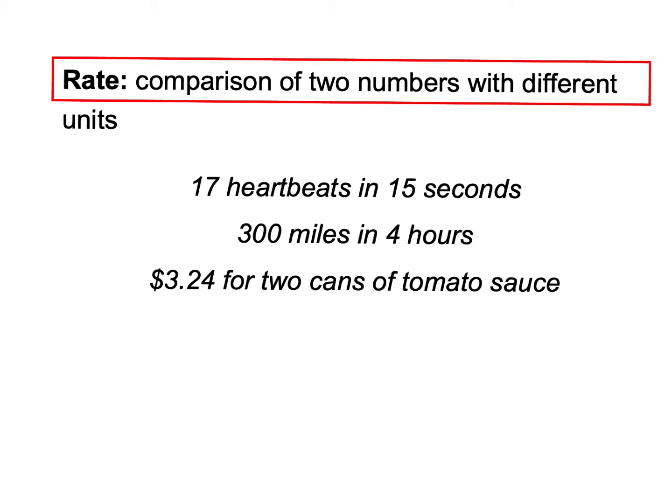So we have rate. First of all, it's a comparison of two numbers with different units. Sorry, that should be in the box as well. 17 heartbeats in 15 seconds, 300 miles in 4 hours, dollars to cans of tomato sauce. Two different amounts or two different things we're comparing.